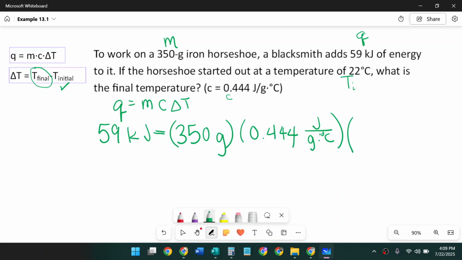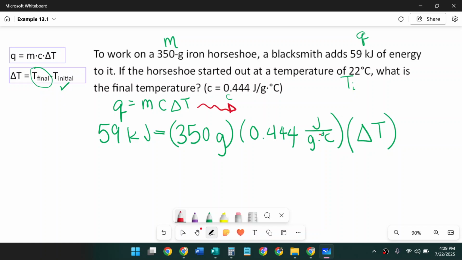And then our change in temperature is actually what we're solving for, so I'm just going to put it in as a variable. Now, if I moved forward with this, I would need to rearrange it. In fact, you might want to do that before you get started.